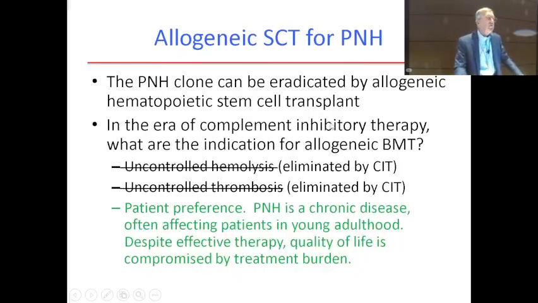Okay, so other types of treatment in PNH, so stem cell transplant. This is a curative therapy, so you can eradicate the PNH clone by allogeneic hematopoietic stem cell transplant, as opposed to treatment with complement inhibitory therapies, which don't have any effect on the underlying disease. This actually cures the disease.